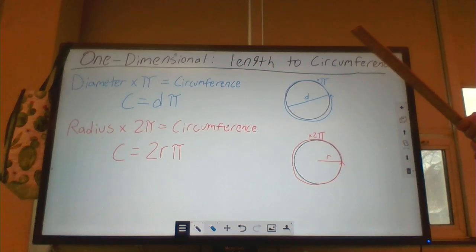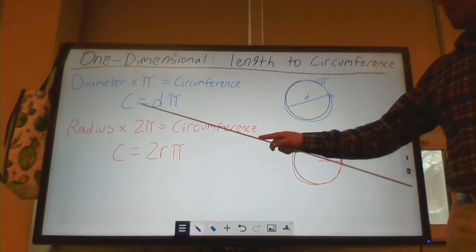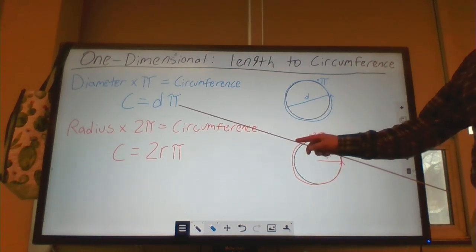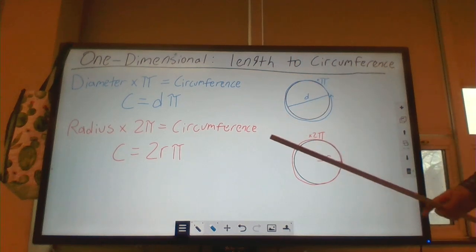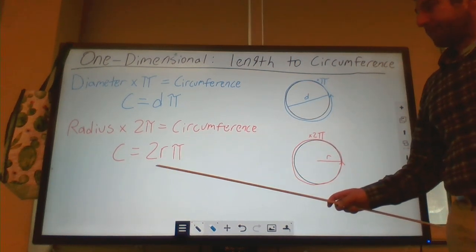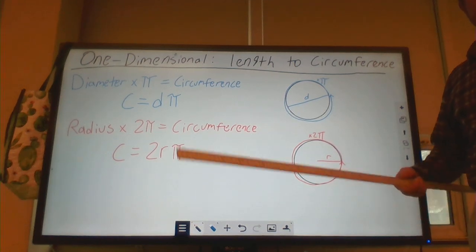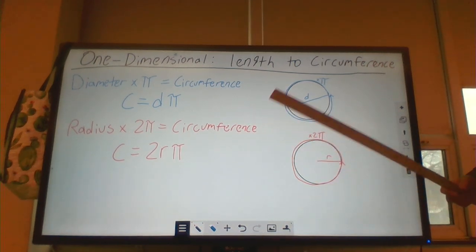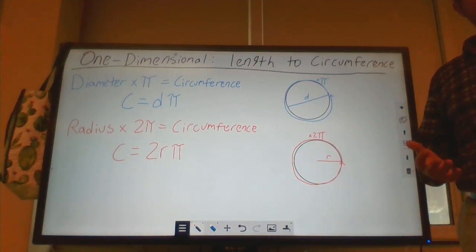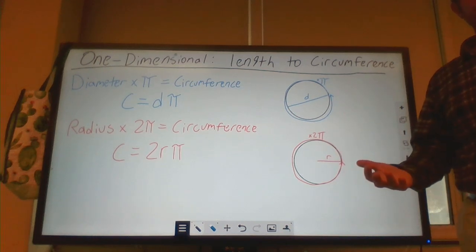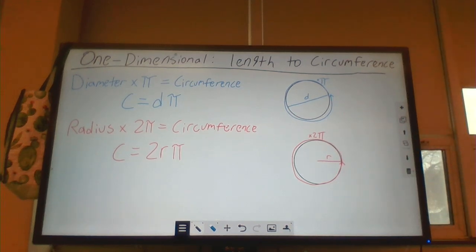The constant of proportionality between a diameter and circumference is simply 1 pi. Whereas if we're going from a radius, the constant of proportionality is 2 pi. That extra 2 is accounting for the fact that the radius is half the length, and therefore you need to multiply by twice as much. Simple enough so far.